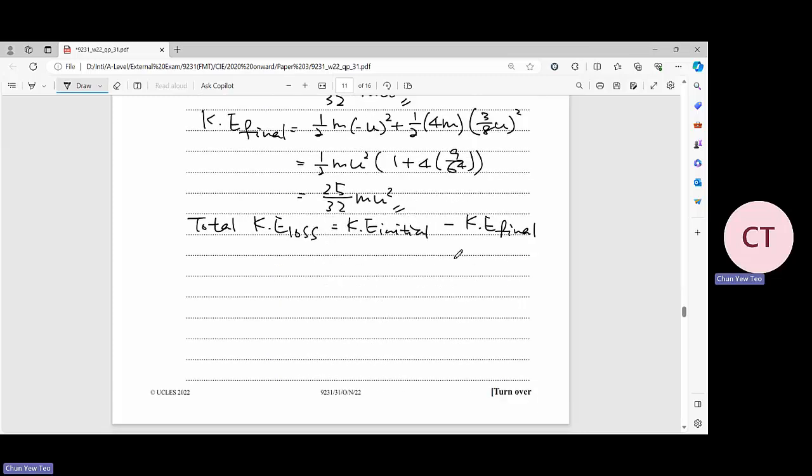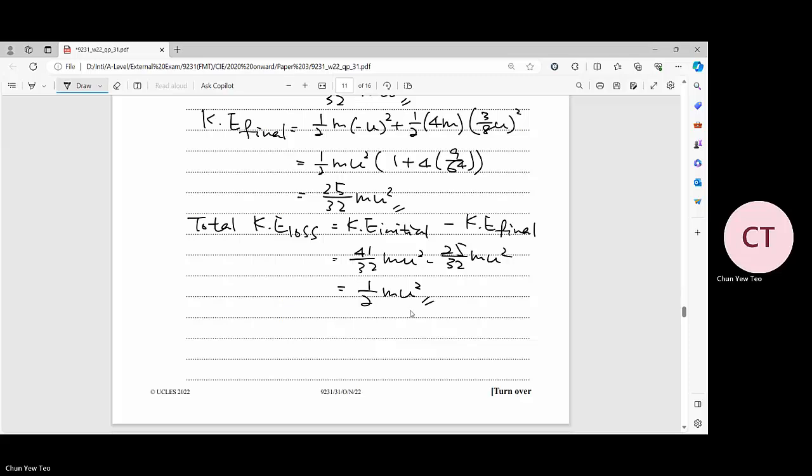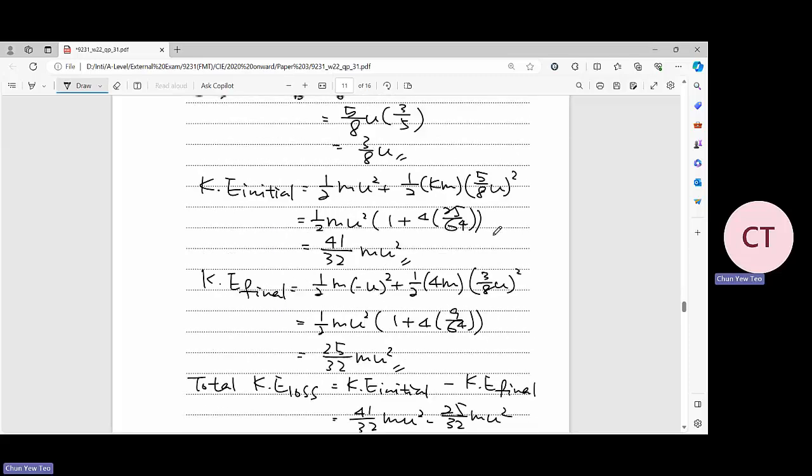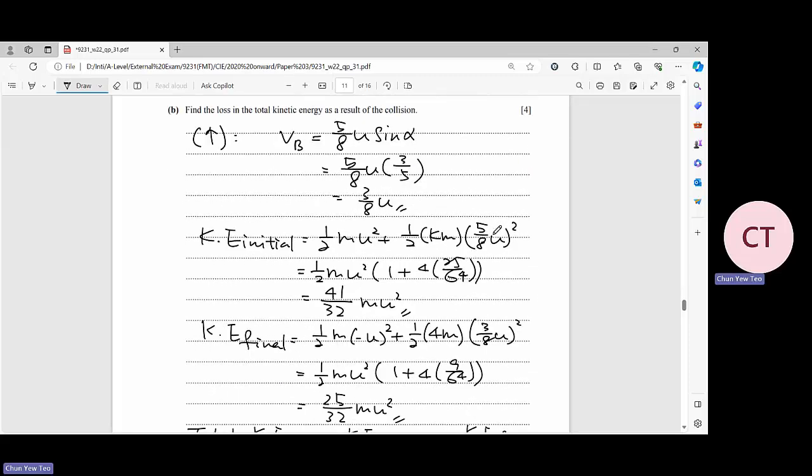So this one will be 41/32 mu square minus the 25/32 mu square. You get a half mu square. Done. That will be the answer for the B.